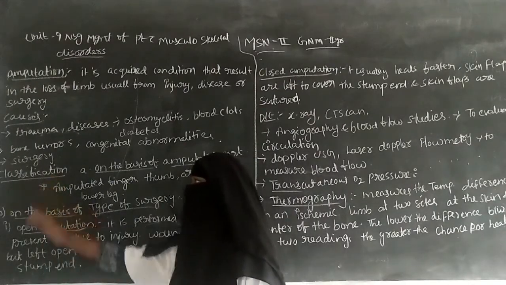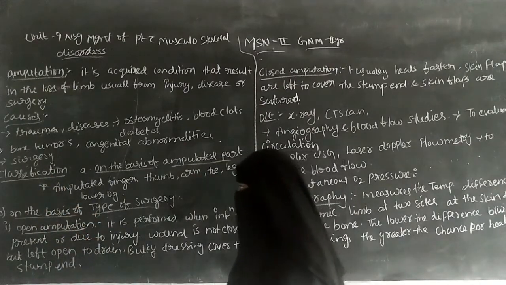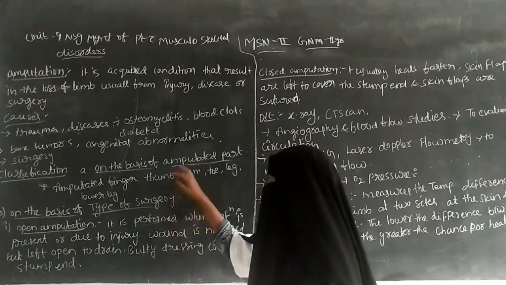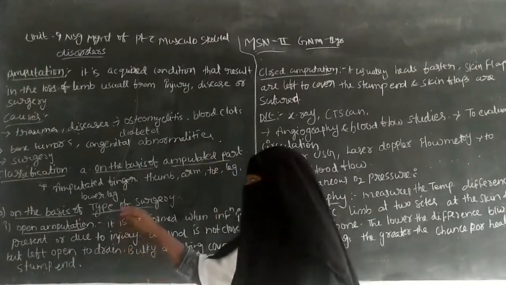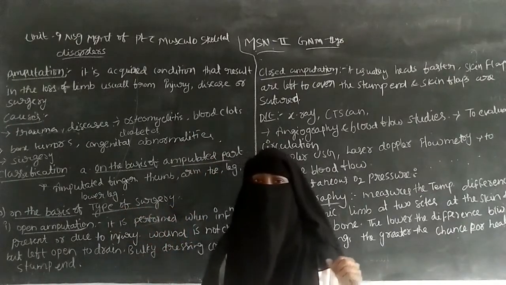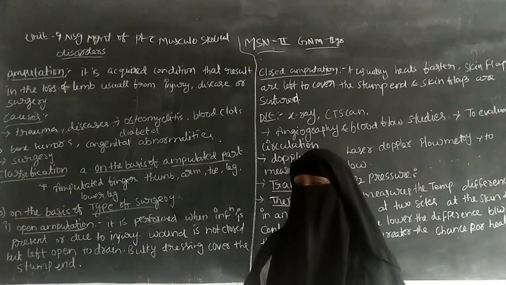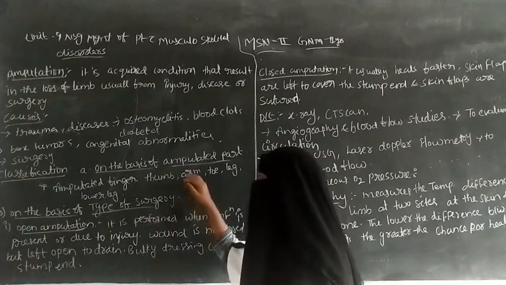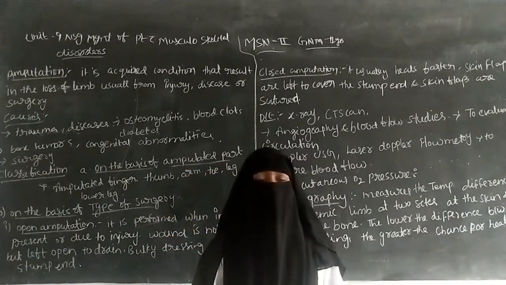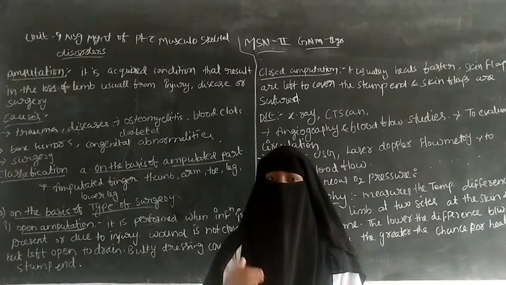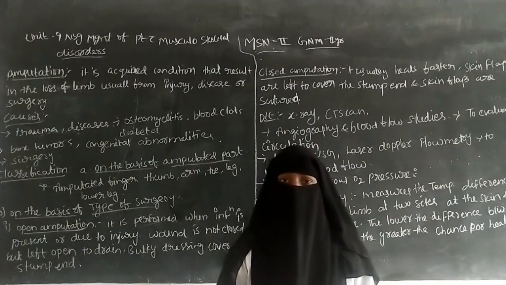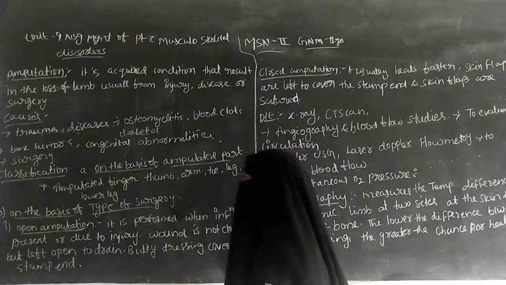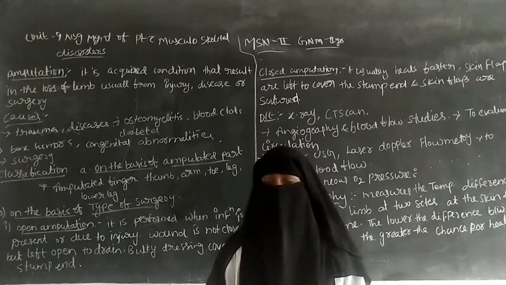So next one is classification. The classification includes two types: on the basis of the amputated part and on the basis of surgery. On the basis of the amputated part, according to which part is removed by the amputation, there are some types.